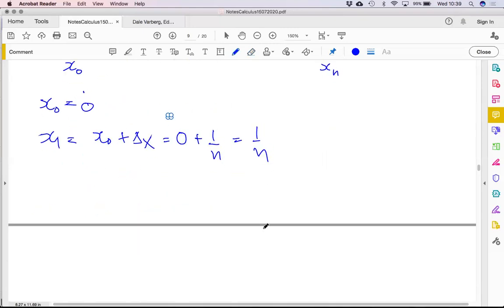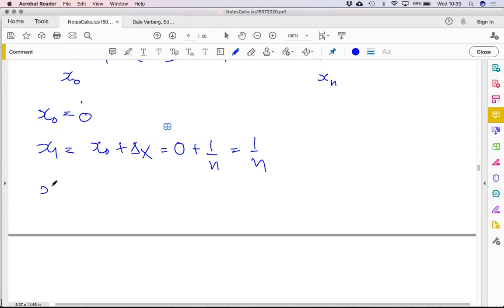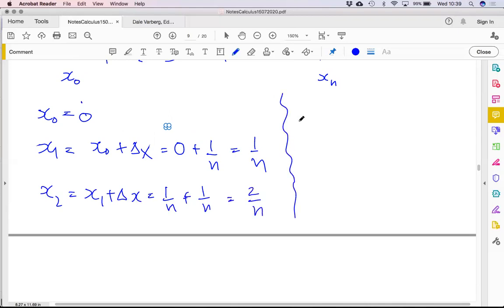Again, x2 equals x1 plus delta x, where x1 is 1 over n plus delta x also 1 over n. So this is 2 over n. And then x3 is x2, the previous node, plus delta x. That is 2 over n plus 1 over n, 3 over n.